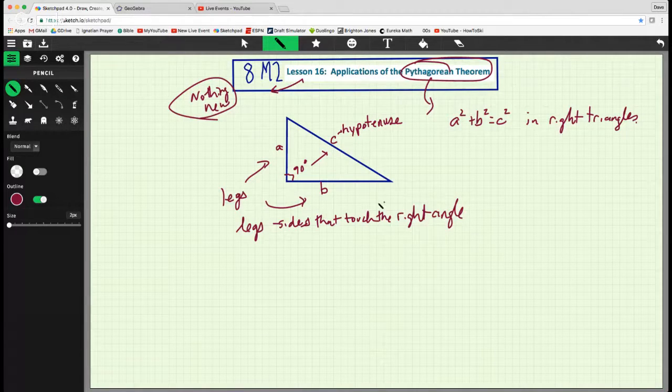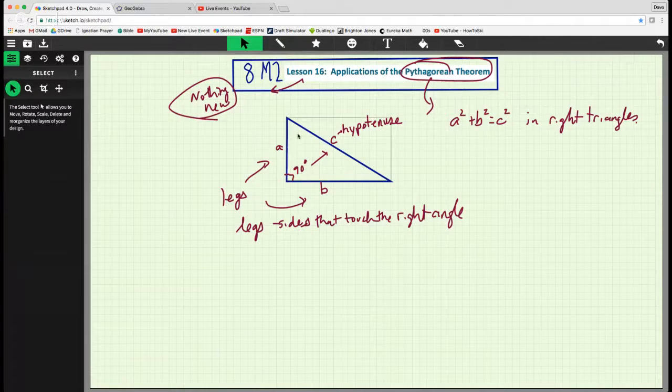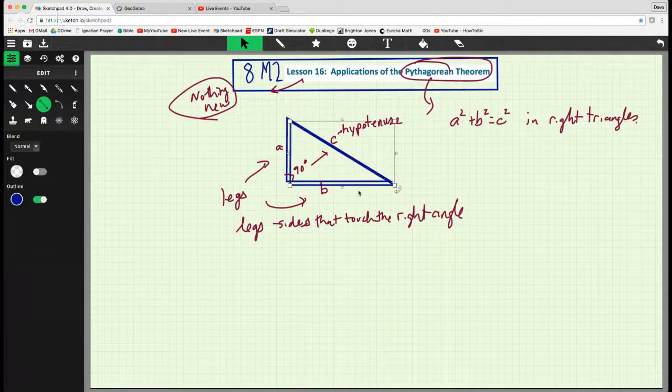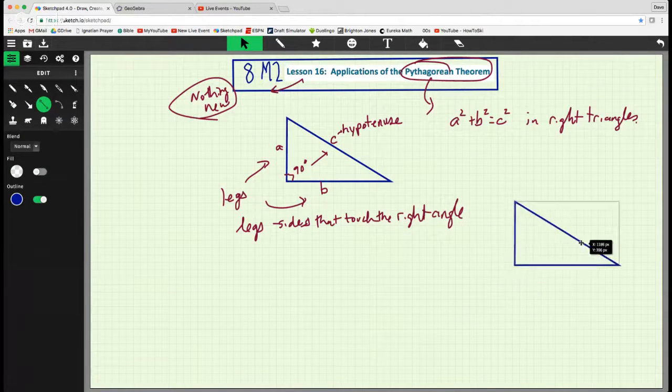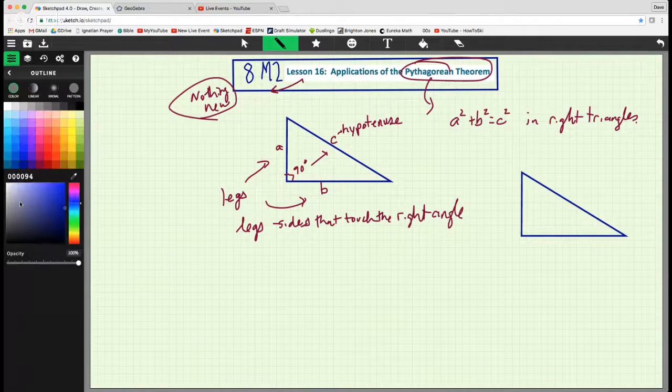Now, the key here is that a squared plus b squared equals c squared. So let's look at a few examples of this triangle. If we take this triangle, make a copy of it, and move it over here, we can see what happens when we assign some lengths to these sides.